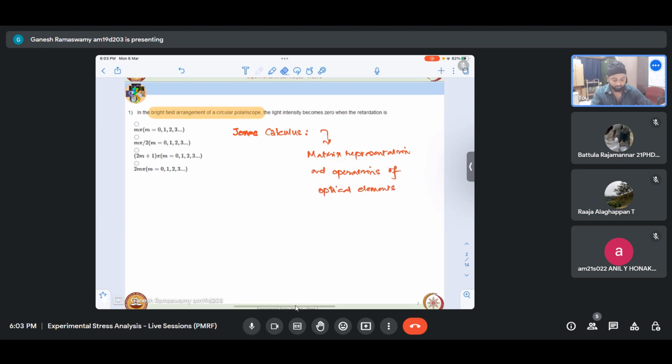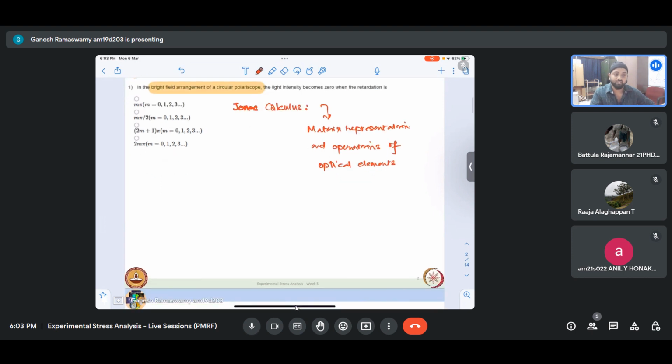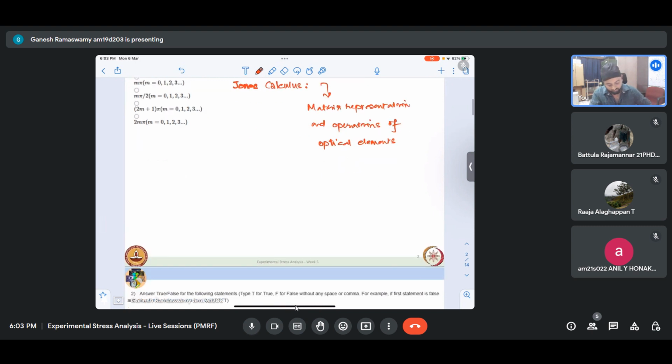So we saw that the general form of any retarder, any optical element, basically introduces a retardation as well as a rotation. Conveniently, any retarder matrix can be represented as cos delta by 2 minus I sin delta by 2 cos 2 theta, then minus I sin delta by 2 sin 2 theta.